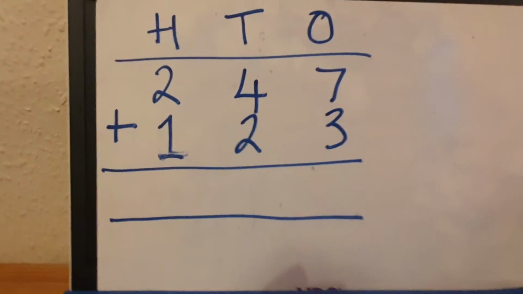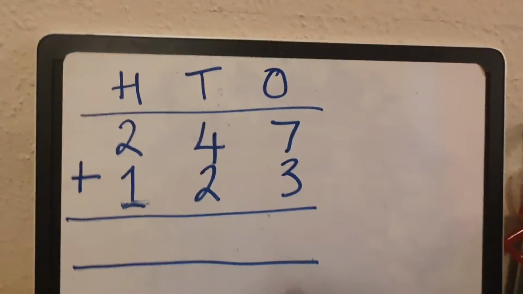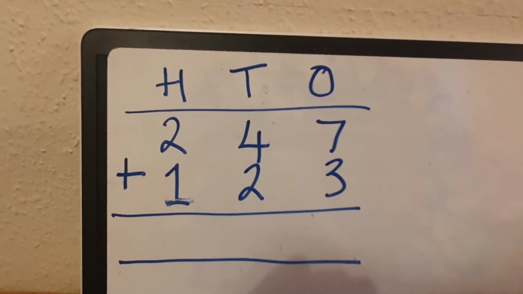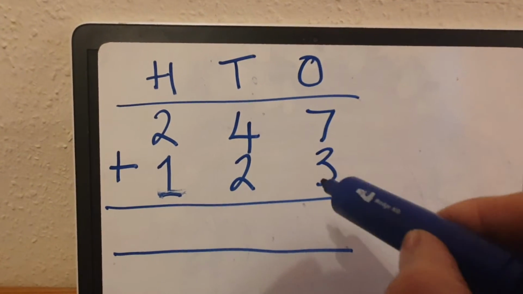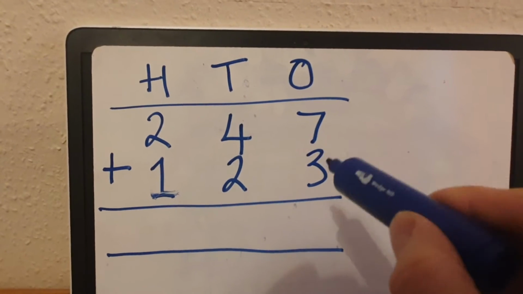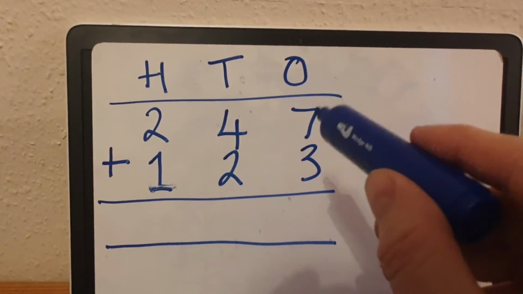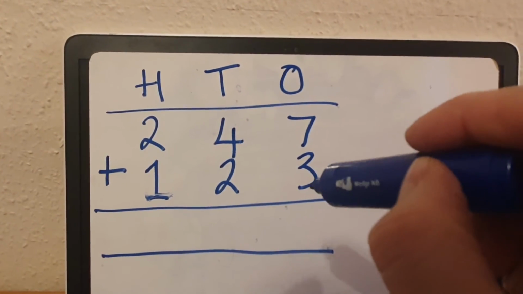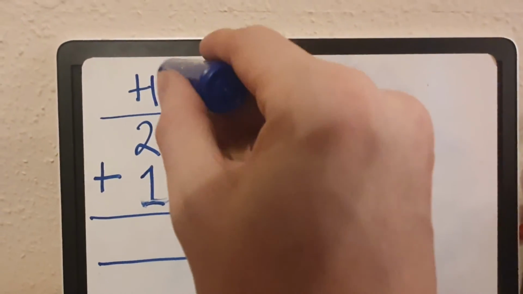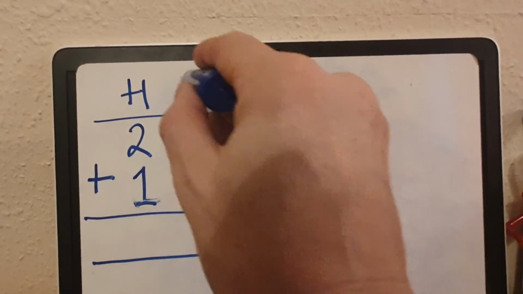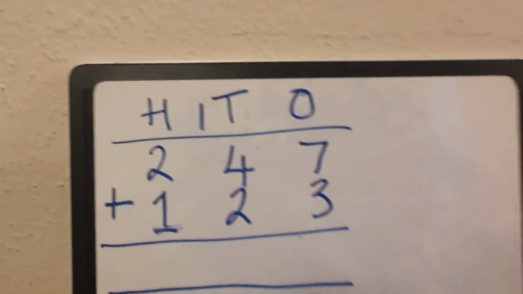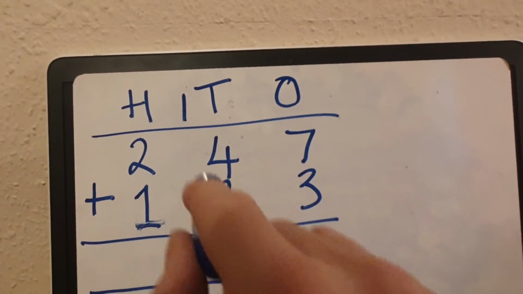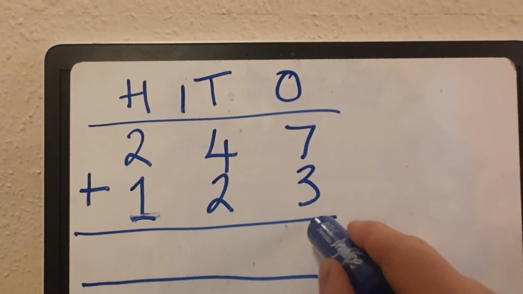Okay, so we can actually do this as a column method, which is something we're used to, but it's understanding those values which is really important. So we can see we've got 7 1s and 3 1s, so 7 add 3 is 10. So what we've got now is we need to rename because we've got 10 1s. So we need to put our extra 1 over here, and that's going to be in the tens column. And 0 here.